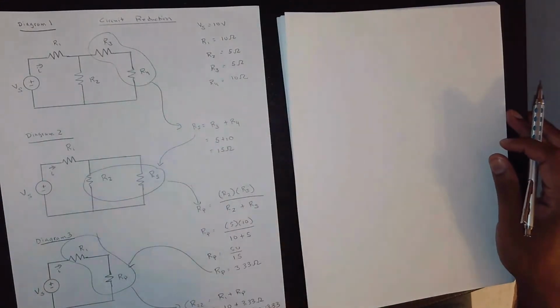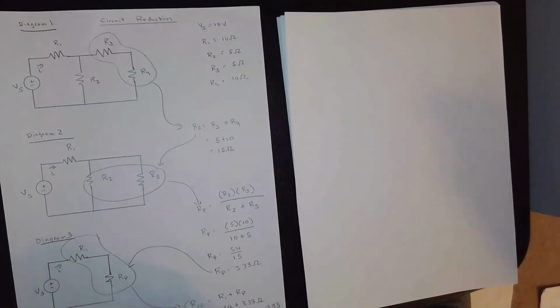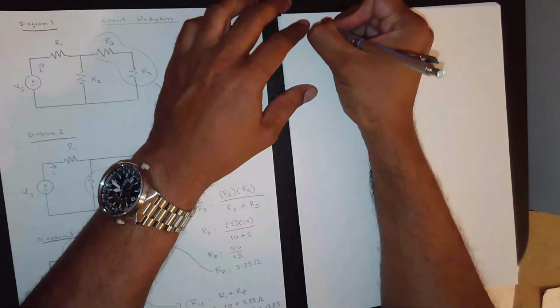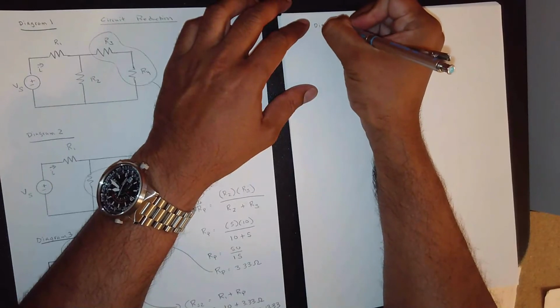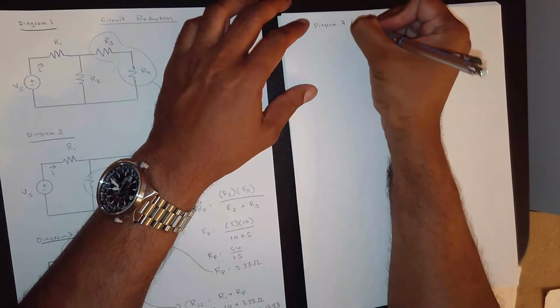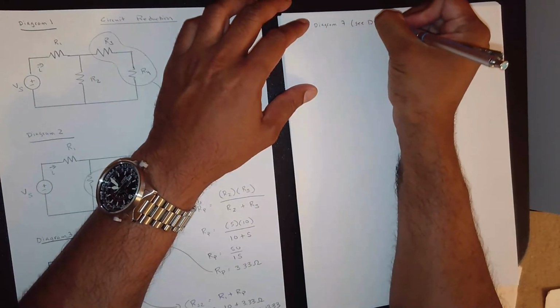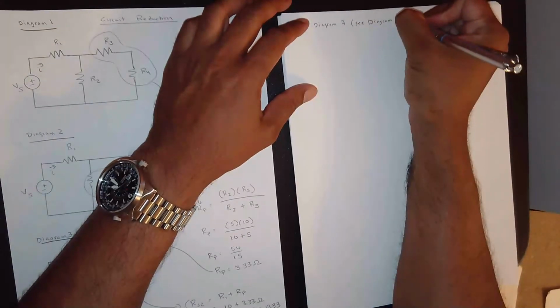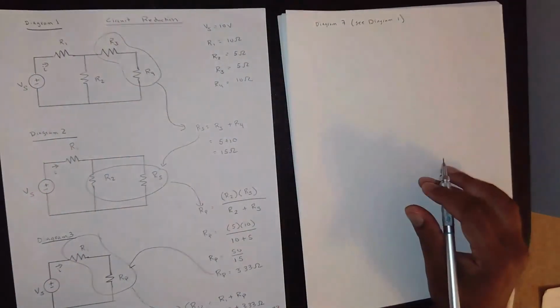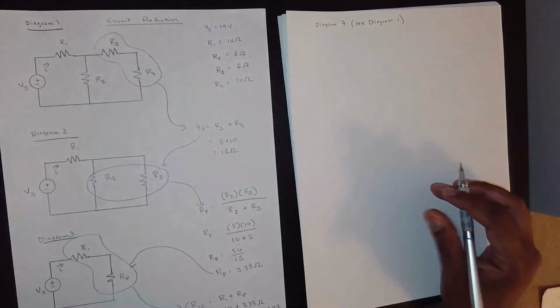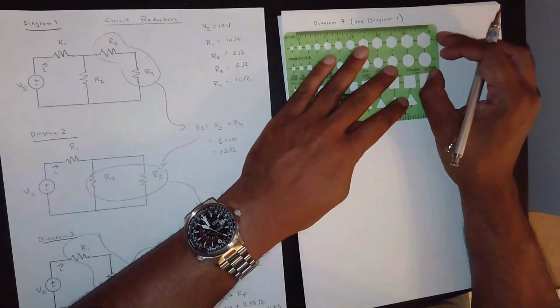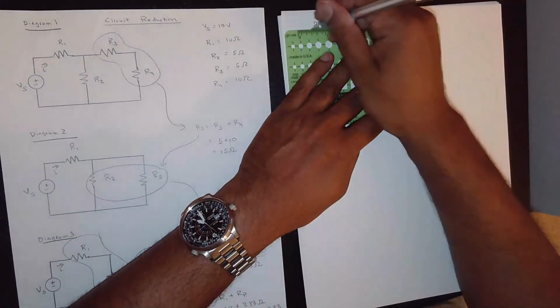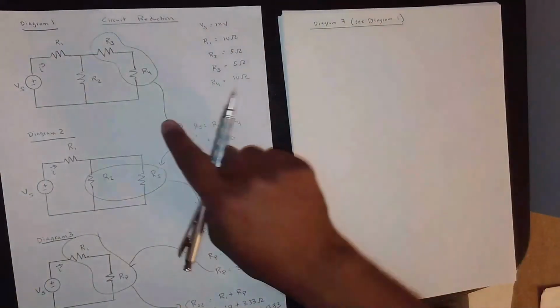All right. So last one will be what? You're at diagram 6, so now you have to be at diagram 7. In diagram 7, see diagram 1. Okay, so I redraw this circuit.